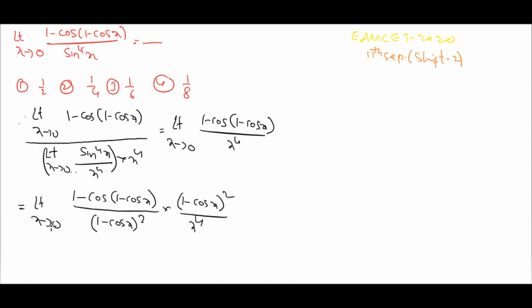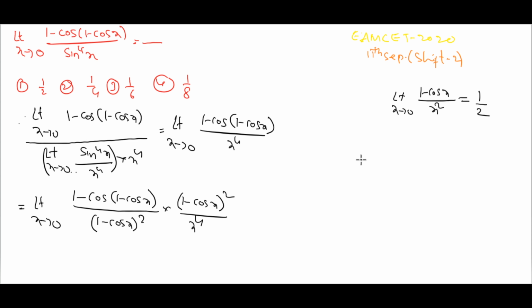So this value, limit x tends to 0, 1 minus cos of 1 minus cos x by 1 minus cos x whole square, this value is 1 by 2.